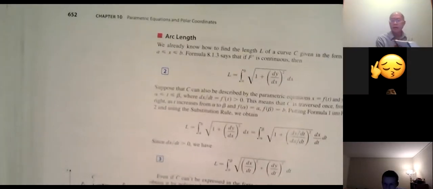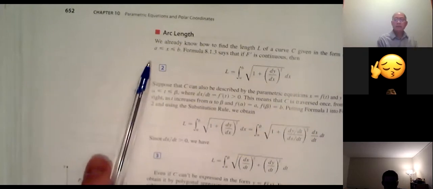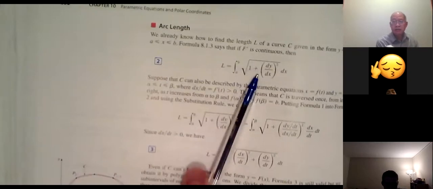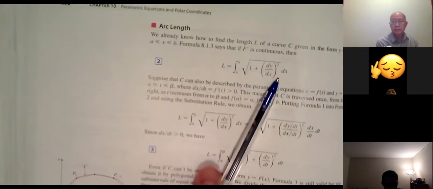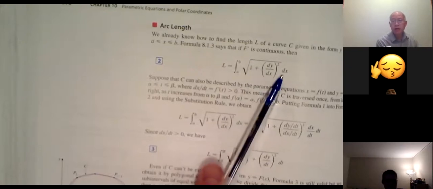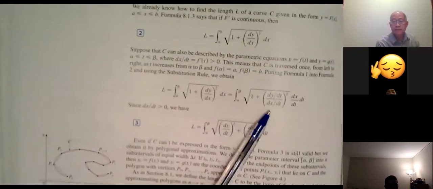There's one other formula that I need to show you involving arc length. That was the problems at the end, something like 41, 43, 45. They involve arc length. So arc length, we had radical 1 plus (dy/dx) squared dx, or (dx/dy) squared dy, right?